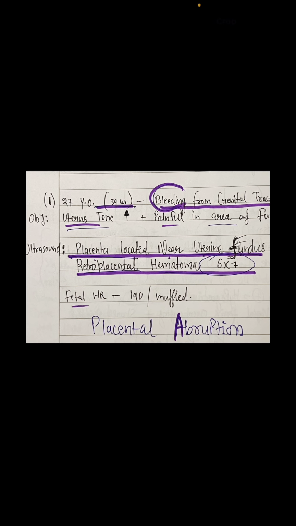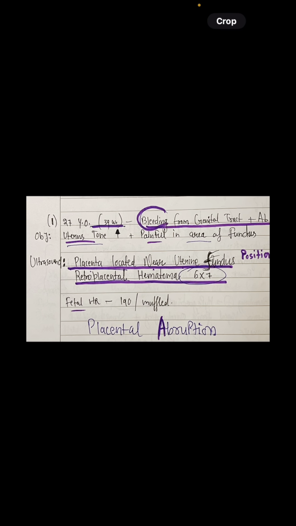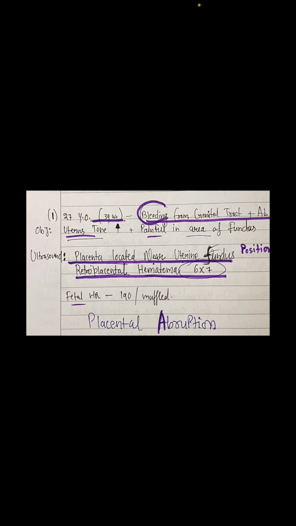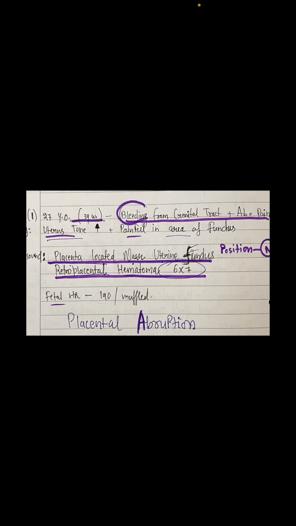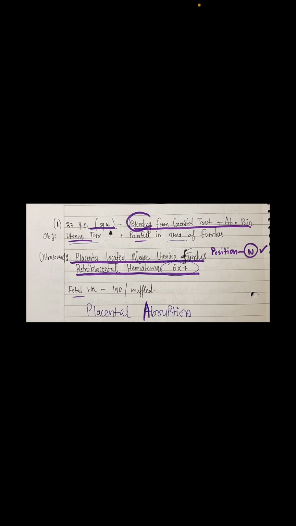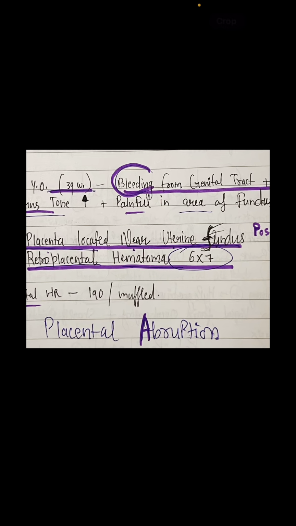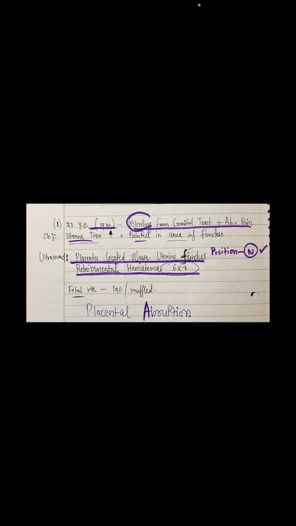Here the ultrasound shows the placenta is near the uterine fundus, which is normal, and still there is a hematoma. So why has the hematoma occurred? It's because the placenta has abnormally or prematurely separated from the uterine wall.